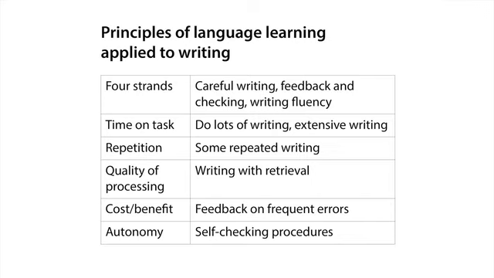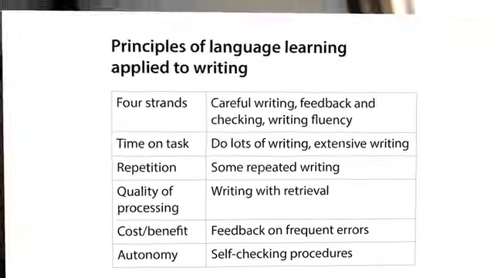The sixth principle is the principle of autonomy, or the learners taking control of their own work. We can encourage autonomy in a writing course through procedures for self-checking. That is, learners learn how to deal with the errors themselves. They learn how to check for errors and how to correct errors.